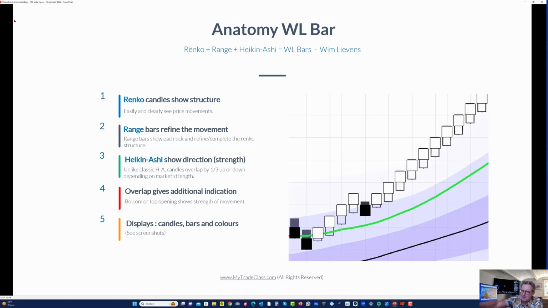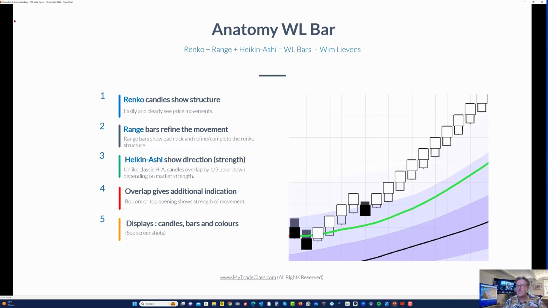The picture you see here is actually a beta version. It was one of the first versions of WL bars that I created in 2017. You can clearly see that there are bars on each other, and it doesn't look very nice, but that's how it was done in the first days. It wasn't always running smooth either, so we have done a lot of work on them since.